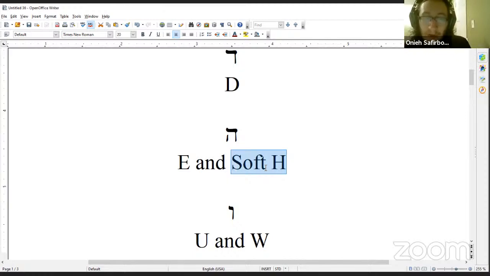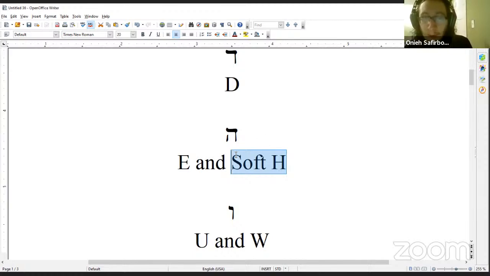And the vowel E, if you say that vowel, you can hear that faint H at the end of the sound. It's the E as in egg or wet. So it has that soft H at the end.